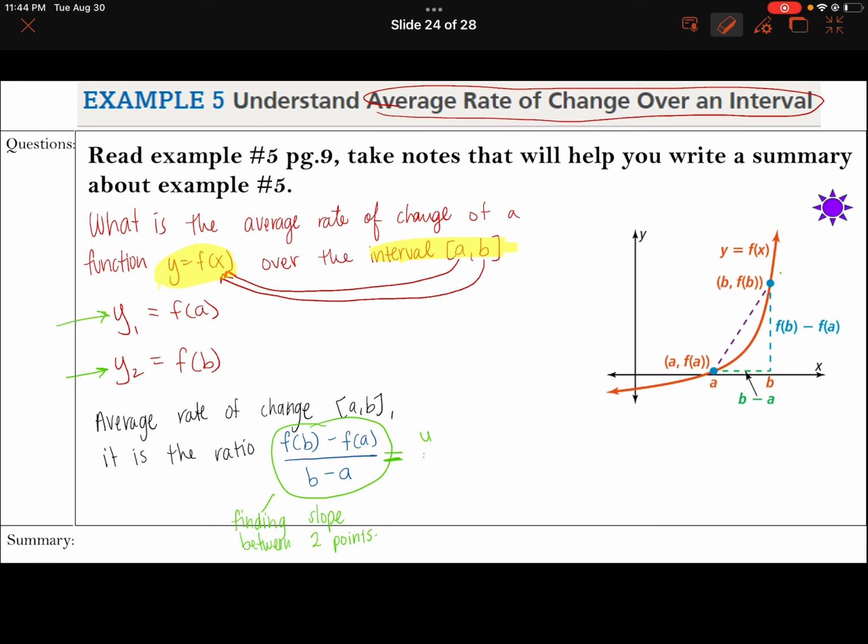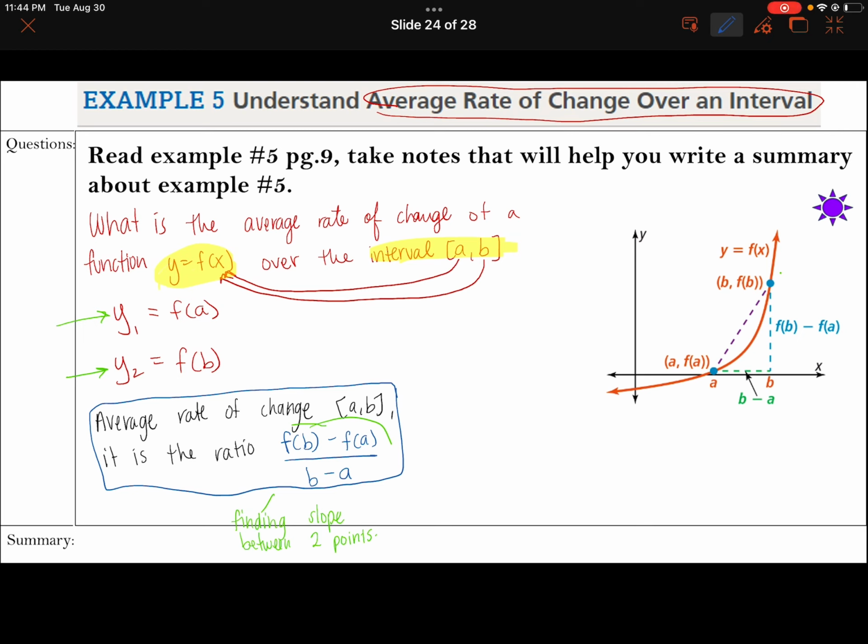So just keep that in mind. It's just a slope. So this is just the average rate of change. It is the ratio f of b minus f of a over b minus a. Okay, if you have any questions, let me know.